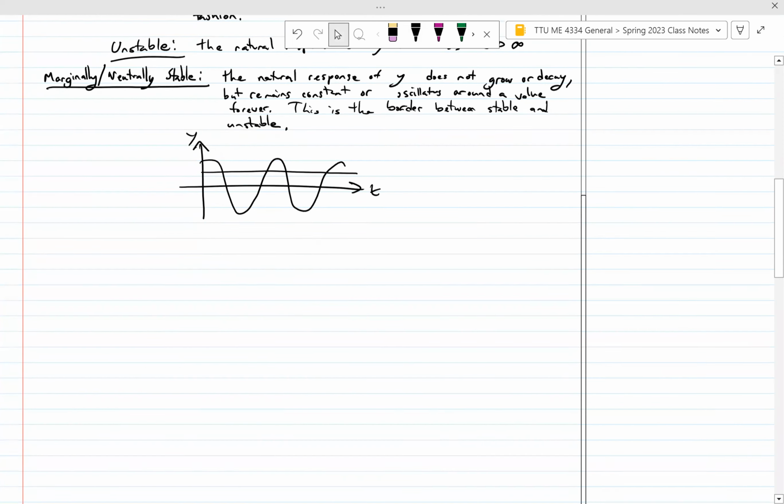The first thing you would do is get the characteristic equation. For our transfer function, we've covered that before. It's when our denominator is equal to 0.